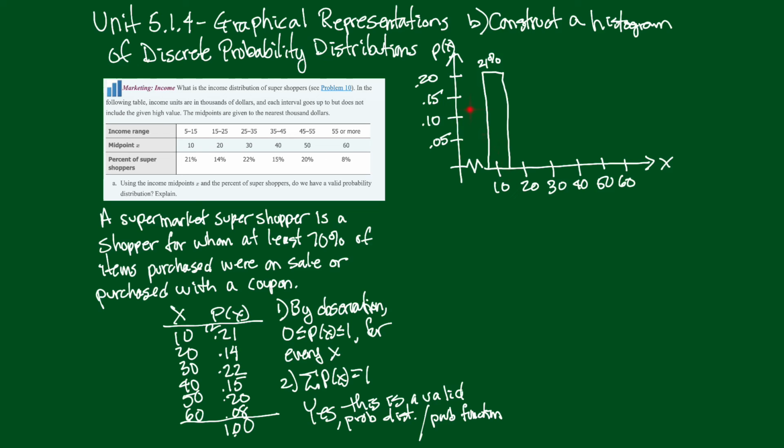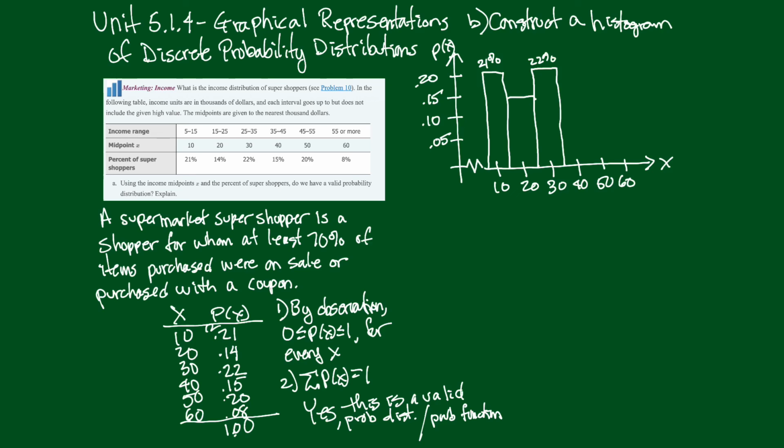So at 20, I'll go right a little bit below the 15, at 14. And then what do we have for 30? Down here at the bottom left, I've got a 22. So I'm going to come up to 30, and go to 22 for that bar. I'll extend this a little bit higher than the 21. So that's going to be 22%.